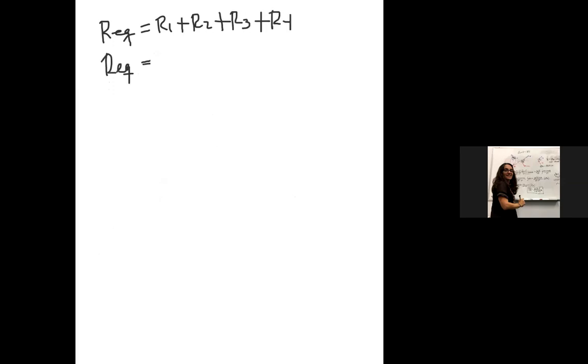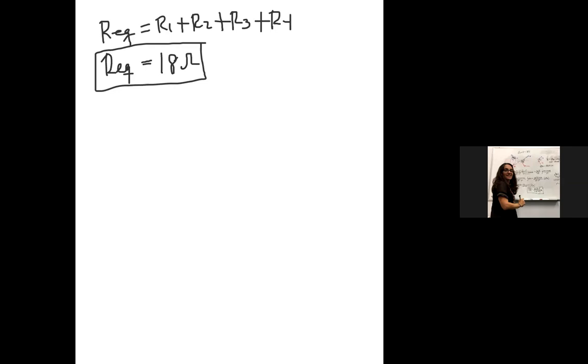So I add up 2 plus 4 plus 5 plus 7, and I get an equivalent resistance of 18 ohms. So I went to the store and they didn't have an 18 ohm resistor, but they had a bunch of 2s and 4s and 5s and 7s, so I know that I can grab them and combine them to get my desired result.